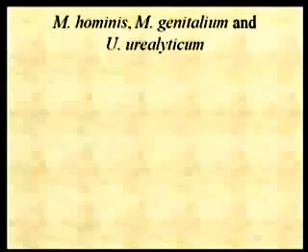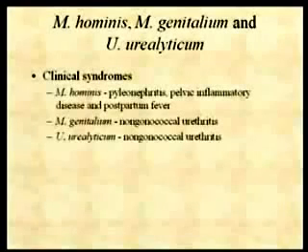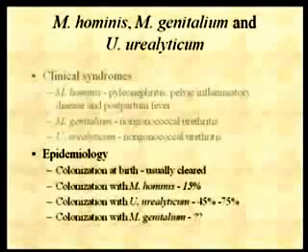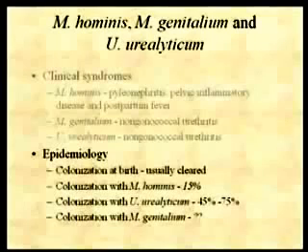Okay, the other organisms: Mycoplasma hominis, genitalium, and Ureaplasma urealyticum. We'll spend just a little bit of time on that. Again, the symptoms: hominis causes pyelonephritis, pelvic inflammatory disease, and postpartum fever, and the other two cause non-gonococcal urethritis. With these organisms, we typically get colonized at birth, but then we clear the infection and nothing happens.